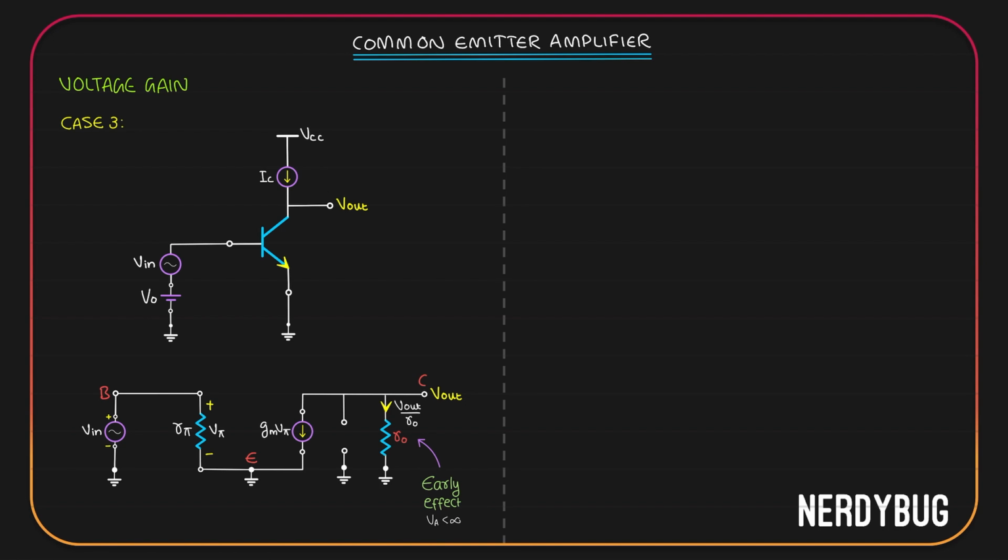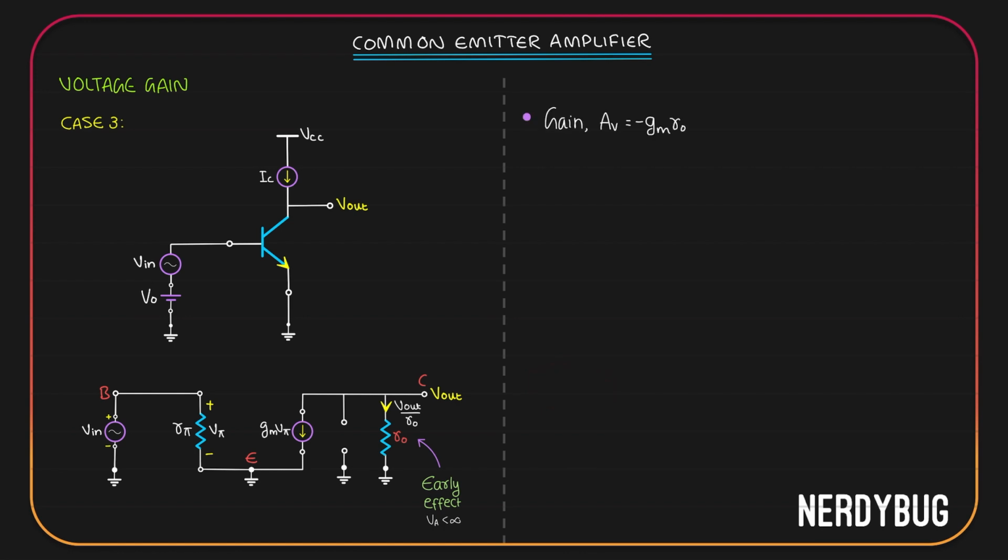The voltage gain is minus gm multiplied by the equivalent resistance between collector and emitter. Here, the only resistance we have between the collector and emitter is R naught. So obviously the gain is going to be minus gm multiplied by R naught.